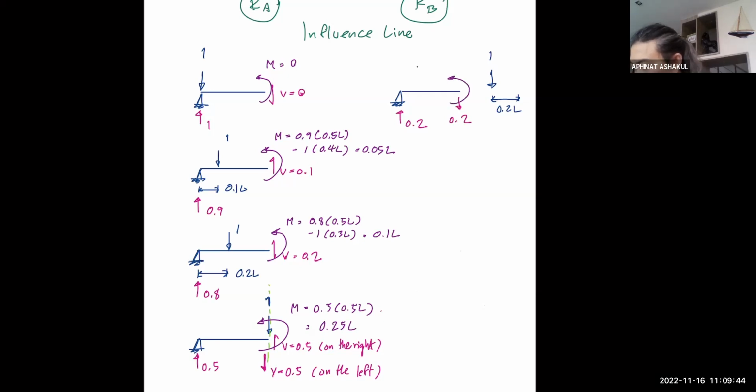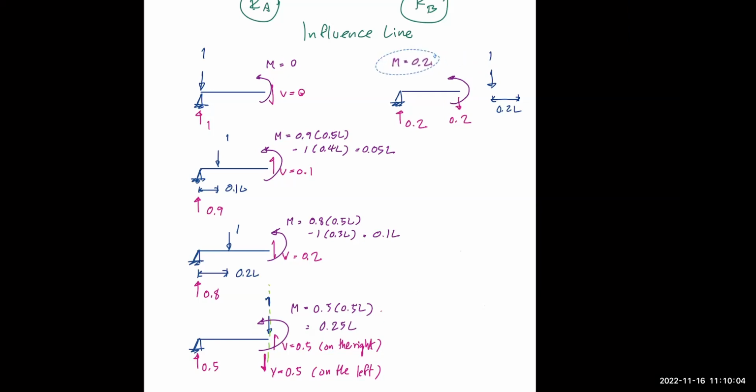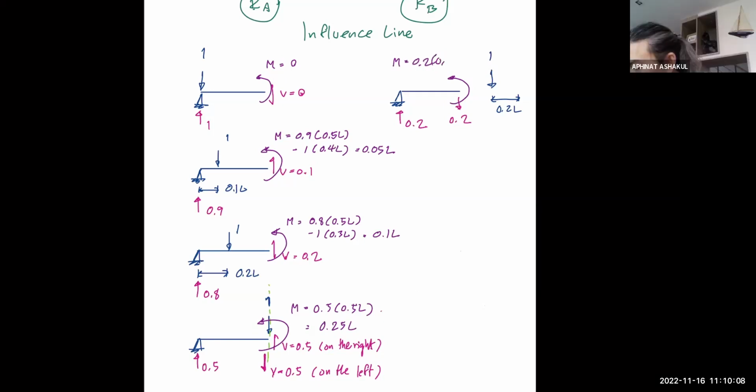And this moment is simply 0.2 multiplied by 0.8 L, which is, oh no, it's not 0.8, right? It has to be 0.5 L. So incidentally, it becomes 0.1.